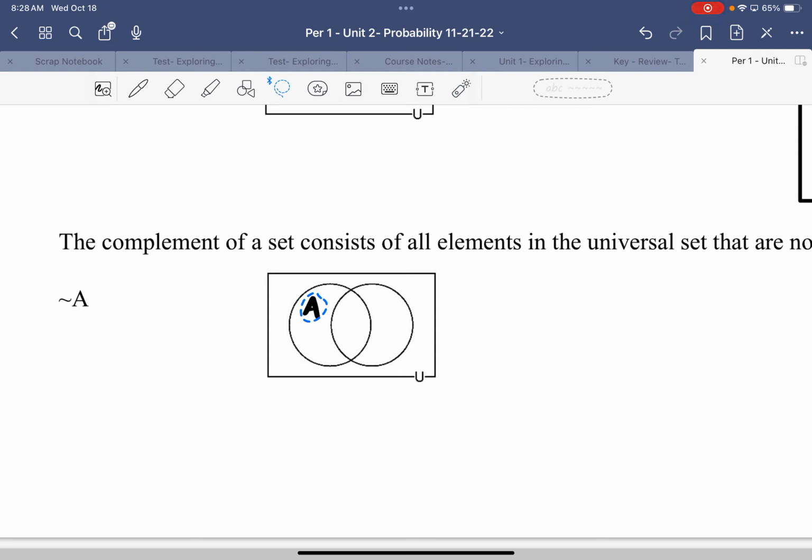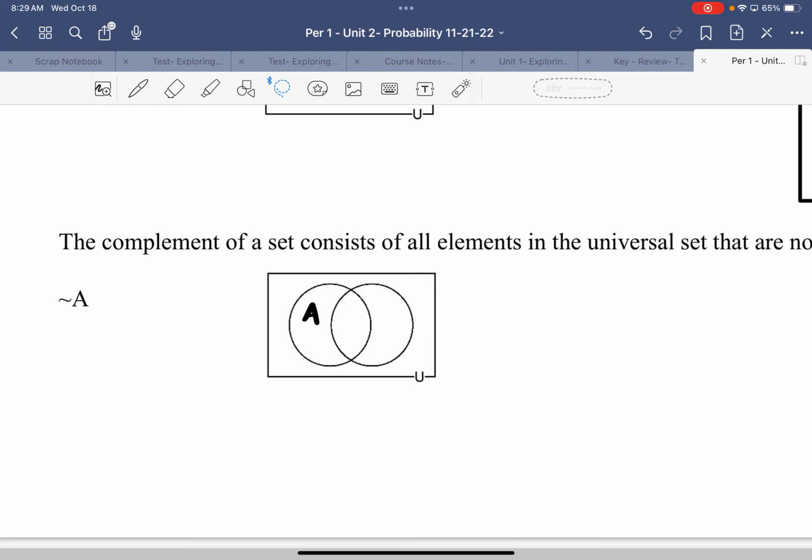But technically, when I say A, I'm talking about everything in this circle. The issue is some of what's in this circle here is part of B. But when I say A, I'm talking about everything in this circle, including the overlap. But I put it here just for kind of cleanliness, I guess.